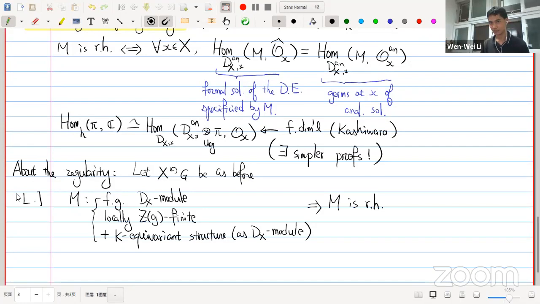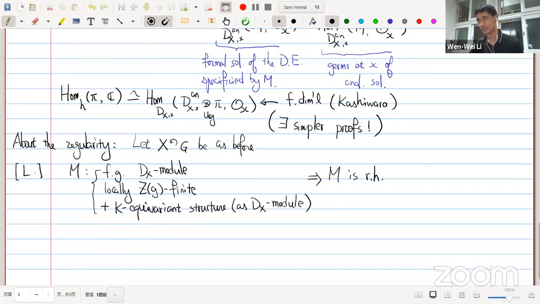This is proven in my preprint about the regularity. In fact, this is not a very original theorem. This is based on techniques from Ginsburg, a paper in 1989.